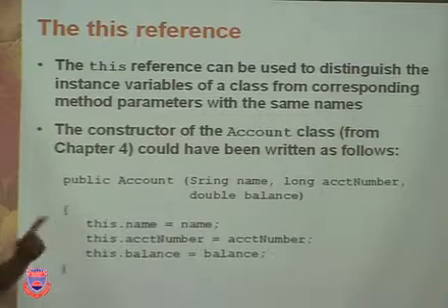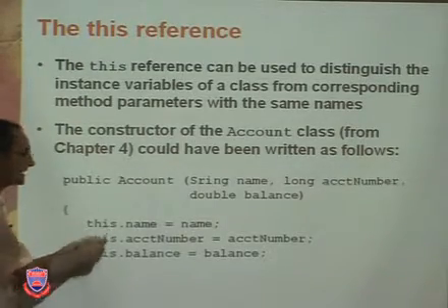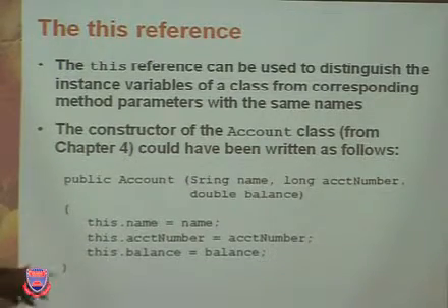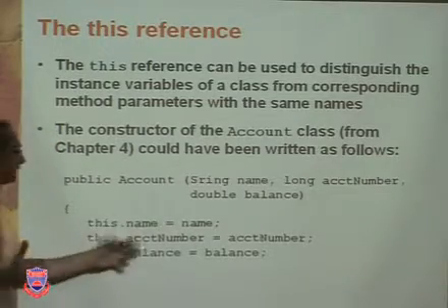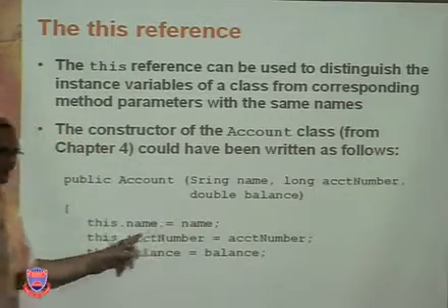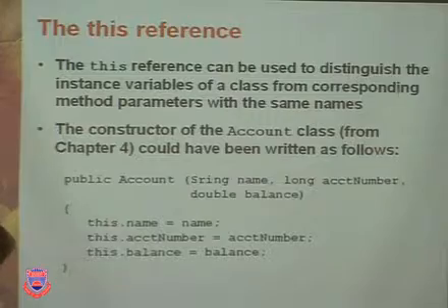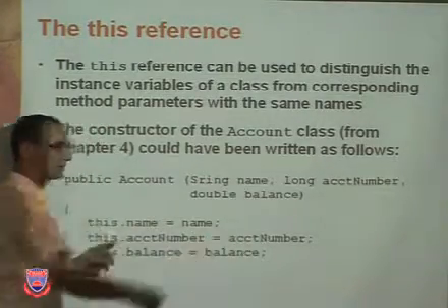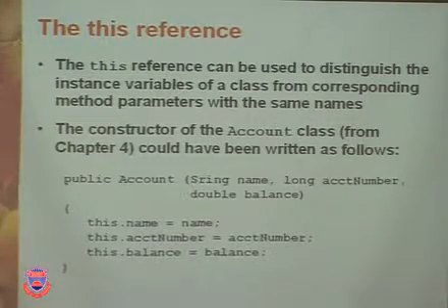So to distinguish those two, what we use is this. This indicates that, hey, I'm referring to the object's instance variable that will hold the value. And in that case, this.name, so my object's name field, will be the passed argument, which is this one. Okay? And then this.accountNumber, so my object's account number will be equal to the passed argument account number. So if they have the same name, that is how you would distinguish one from another.